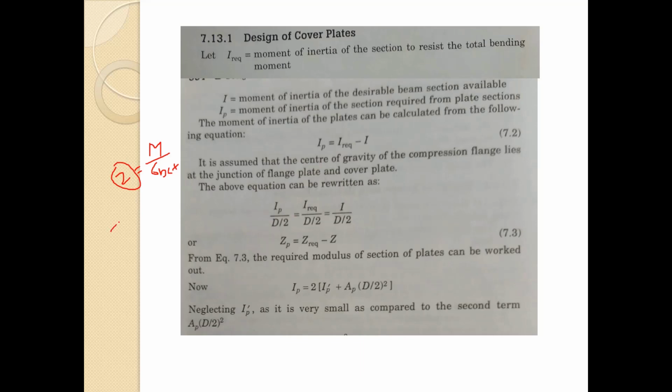This Z is nothing but I by y, so this I is the moment of inertia required of the section. Now, I is the moment of inertia of the desirable beam section available. In the market a few types of sections are available, so we can choose one section, which has a moment of inertia of value I, and then Ip is the moment of inertia required from the plate section.